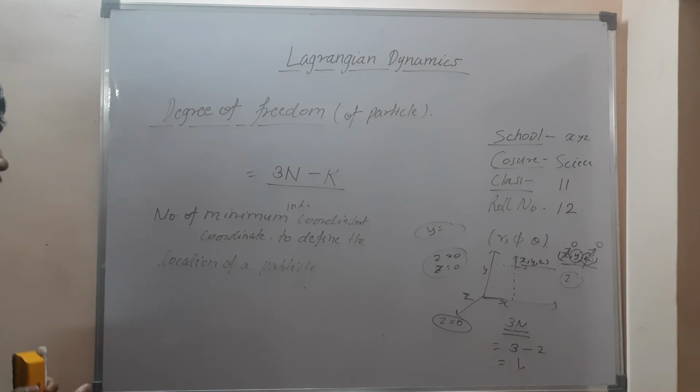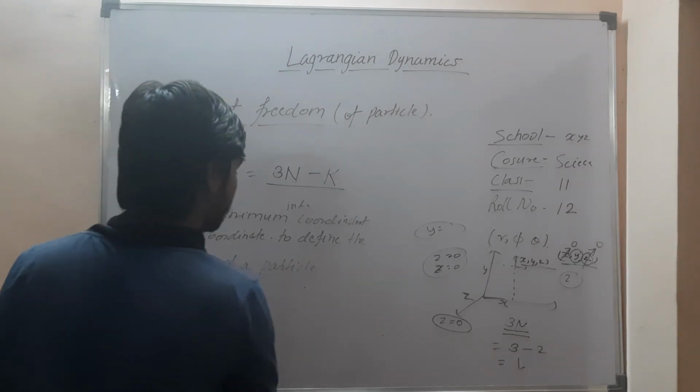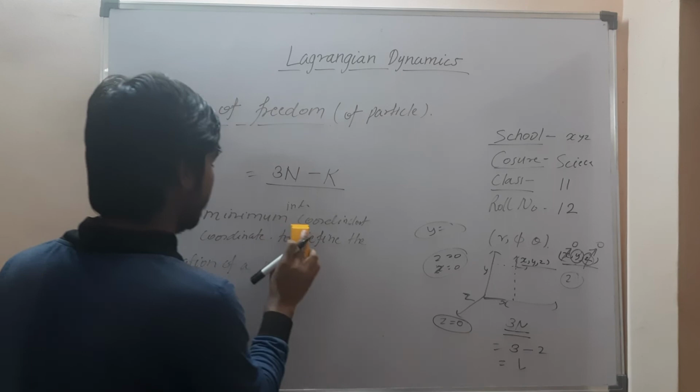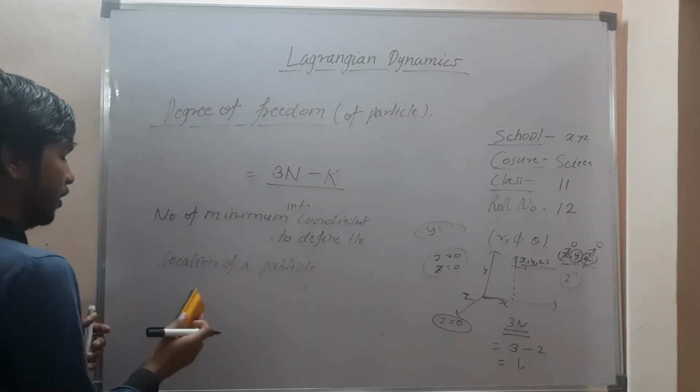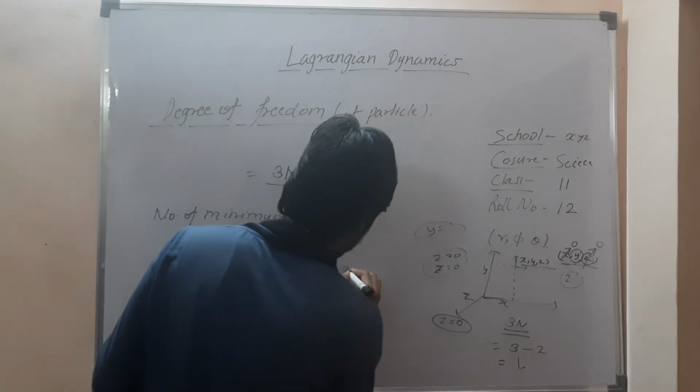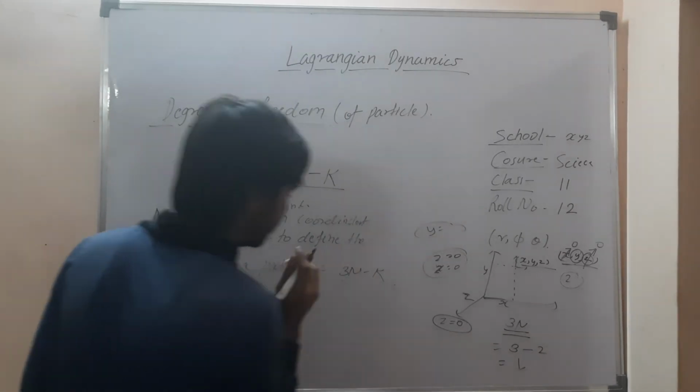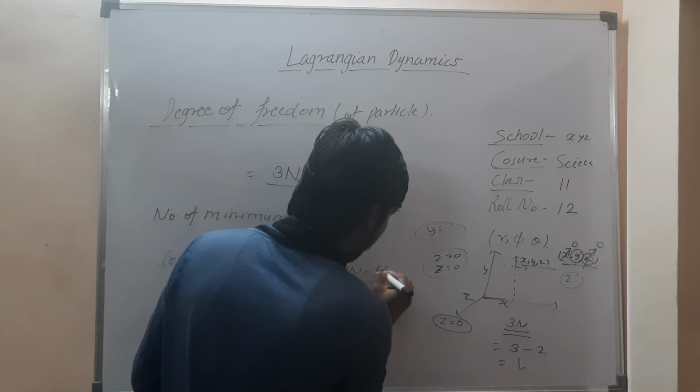So the number of minimum independent coordinates to define the location of a particle will be 3 minus k. What is the formula? So in real life, what will k be?